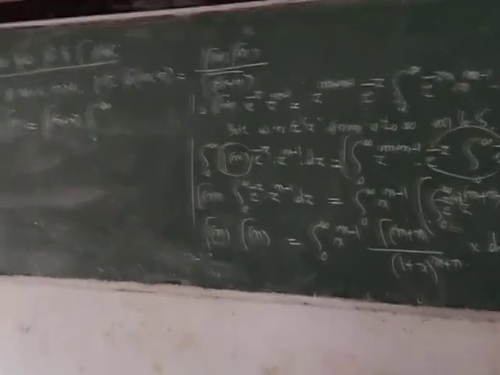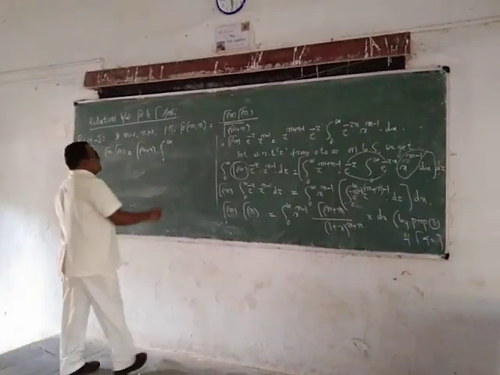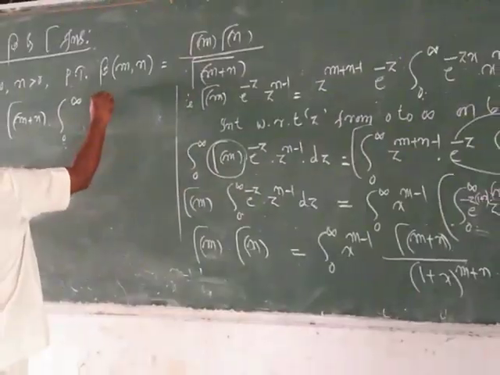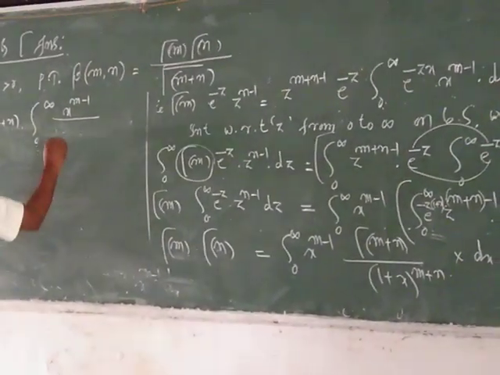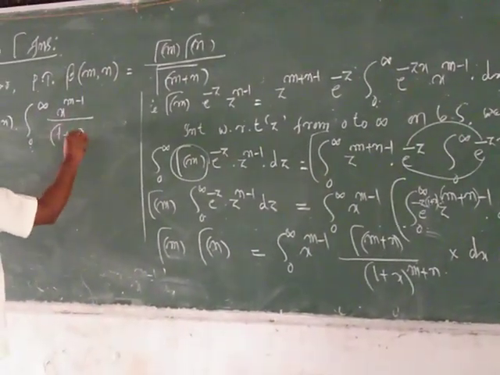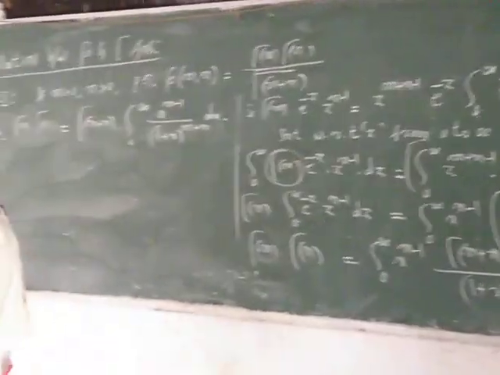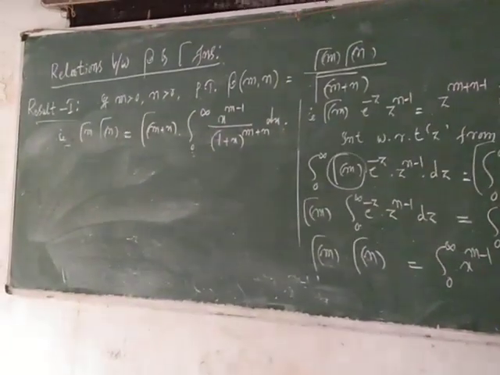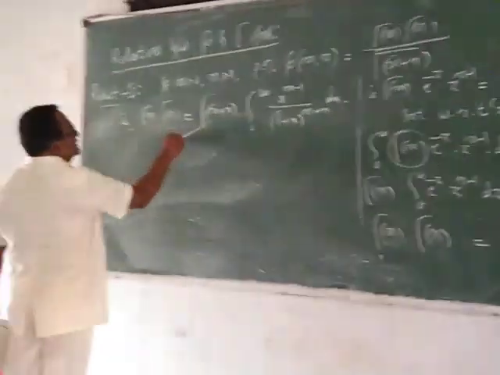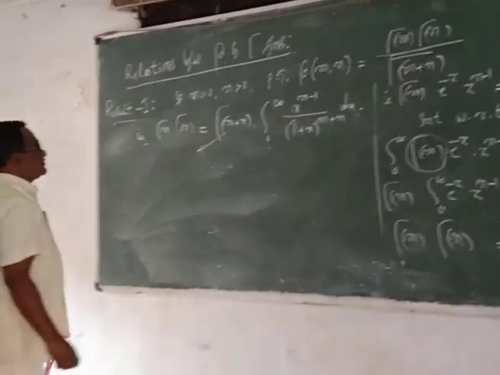Integral from 0 to infinity of x to the power m minus 1 divided by 1 plus x whole to the power m plus n into dx. Of course, if you want, you can take this gamma m plus n to the left hand side.